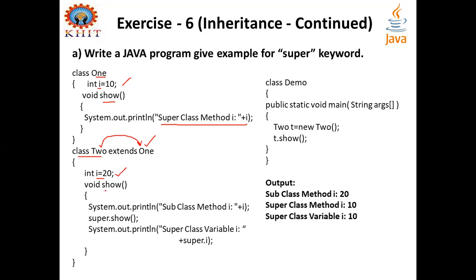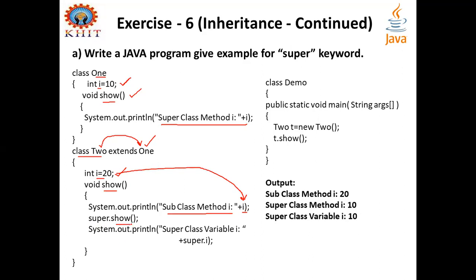Here, another method is defined, show, in class 2. So this method can access superclass members as well as this instance variable and show method. First of all, in this show method it displays one statement about this being the subclass method and the instance variable defined here. This i is the local variable defined in the subclass.